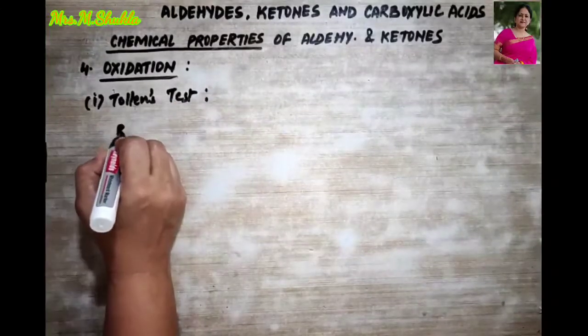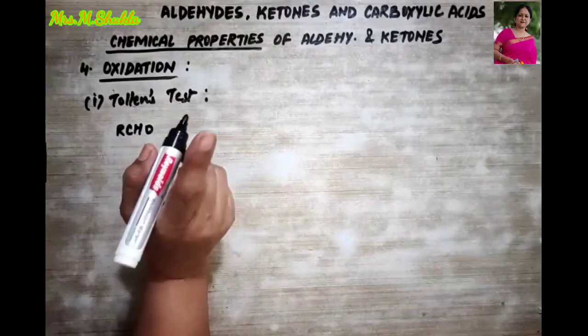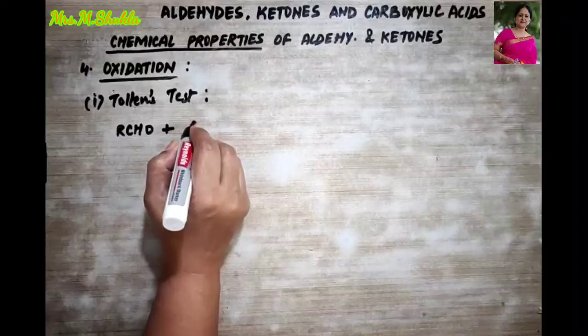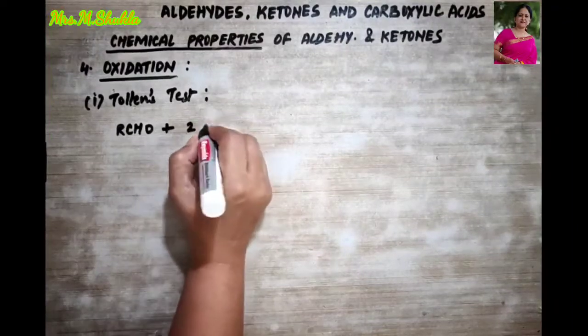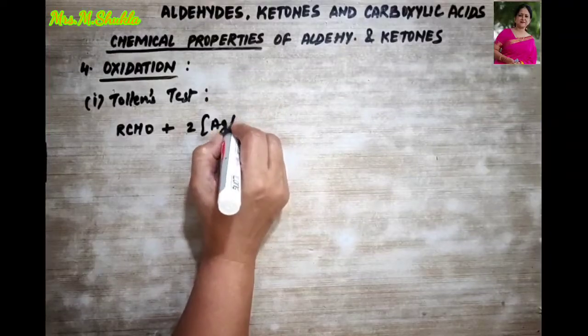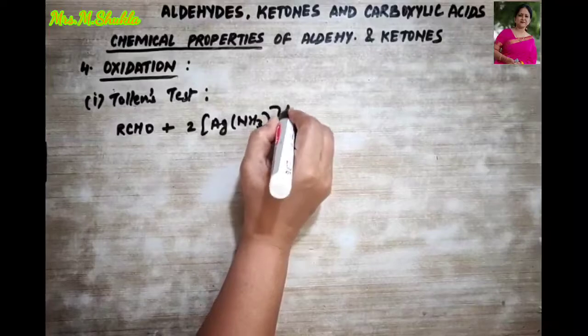On warming the aldehyde with freshly prepared ammoniacal silver nitrate, that is with 2 molecules of ammoniacal silver nitrate solution, that is [Ag(NH3)2]+.